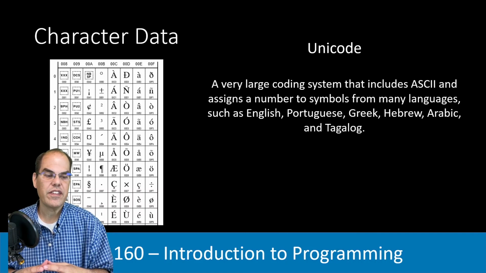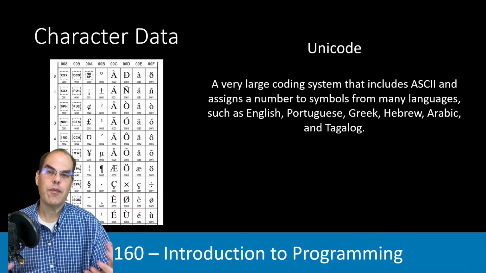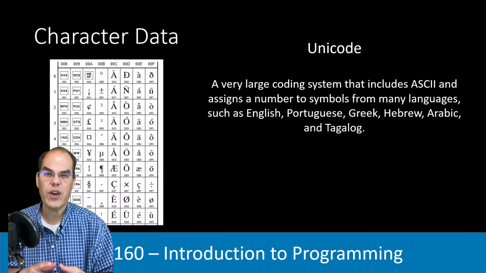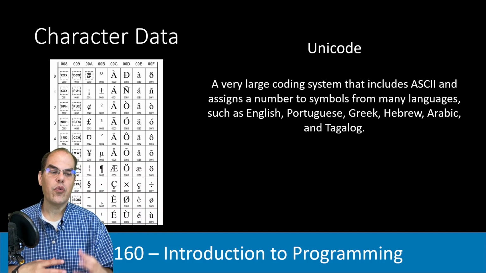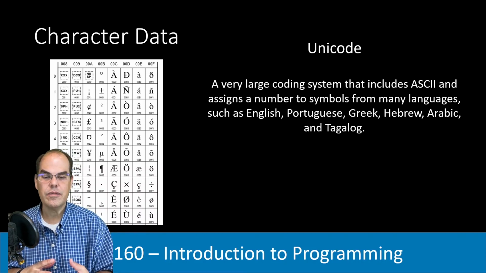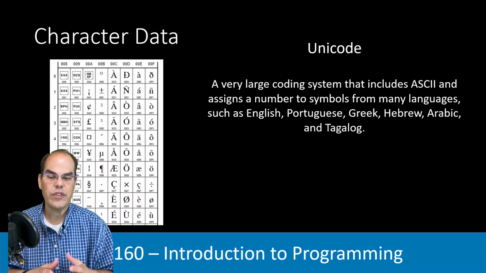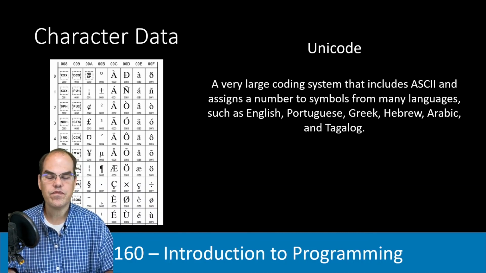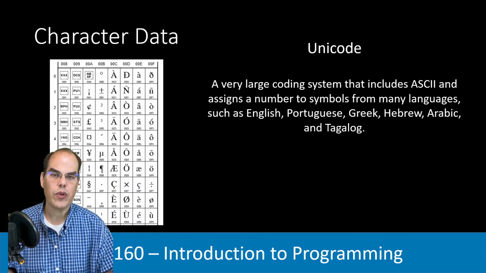Because it uses 2 bytes, there are a lot more numbers available to represent different characters and punctuation. And Unicode supersedes ASCII so that we can handle more characters for more languages across the world.